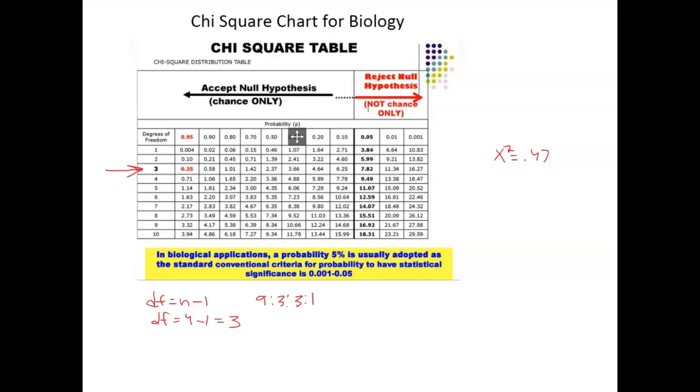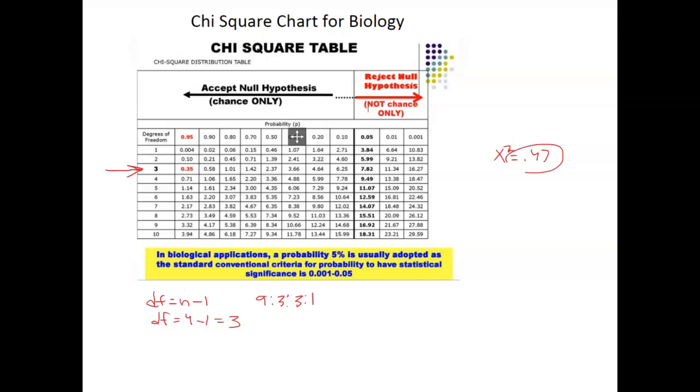Now, generally speaking, we use the 0.95, which is 95% confidence. It's something called a confidence interval. You don't need to worry about that for this class, but you'll learn it later. So we typically use this column, and we go all the way across to figure out where our number is.